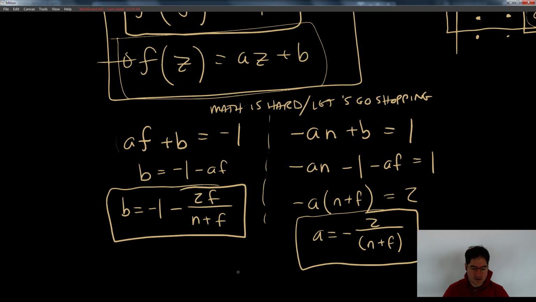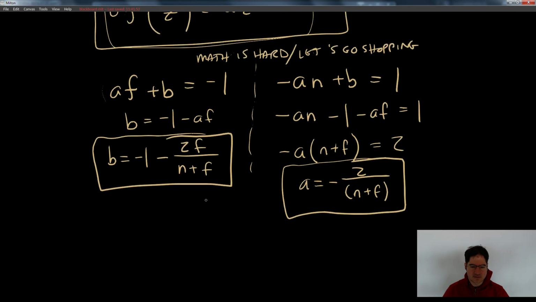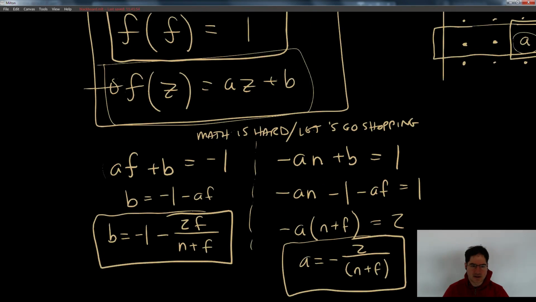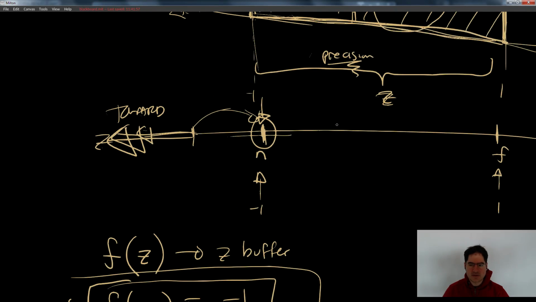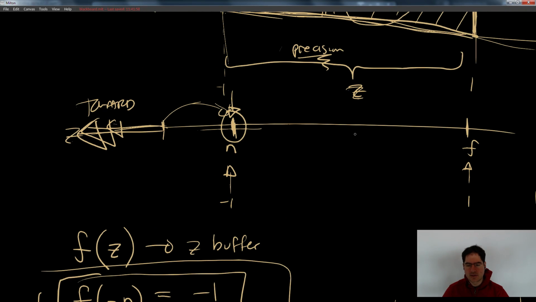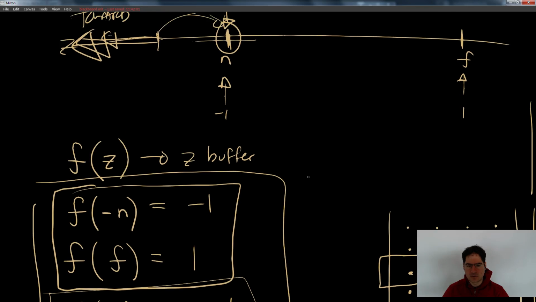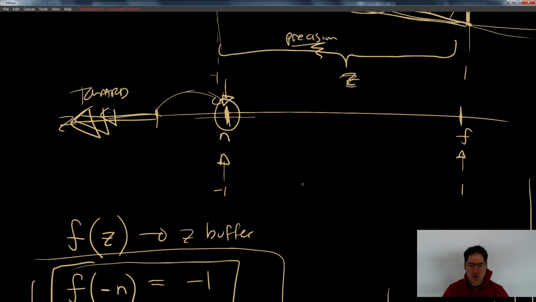But this is the process by which we would produce these values. So let's take a look if they make sense from what I said. Because we can do 3 things now to test this. One is I can put in n and verify that I get -1 out.